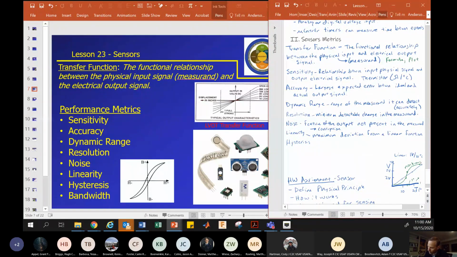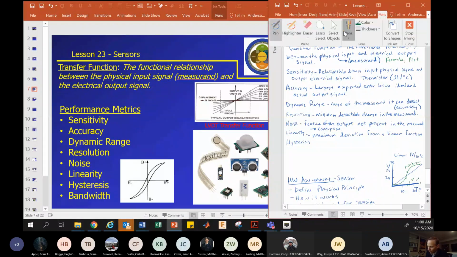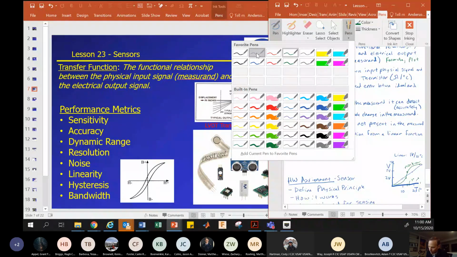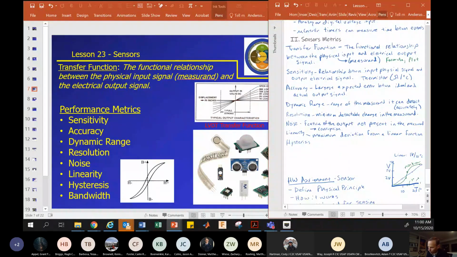It's an important concept, something I didn't fully appreciate until I was in grad school. Okay, hysteresis is a funky thing. There's a picture of it over here on the left. Anyone know how hysteresis works or what it is? It's like the outputs you get as you move up the dynamic range is different than as you move back down the dynamic range. Okay, great. So that was a good definition.